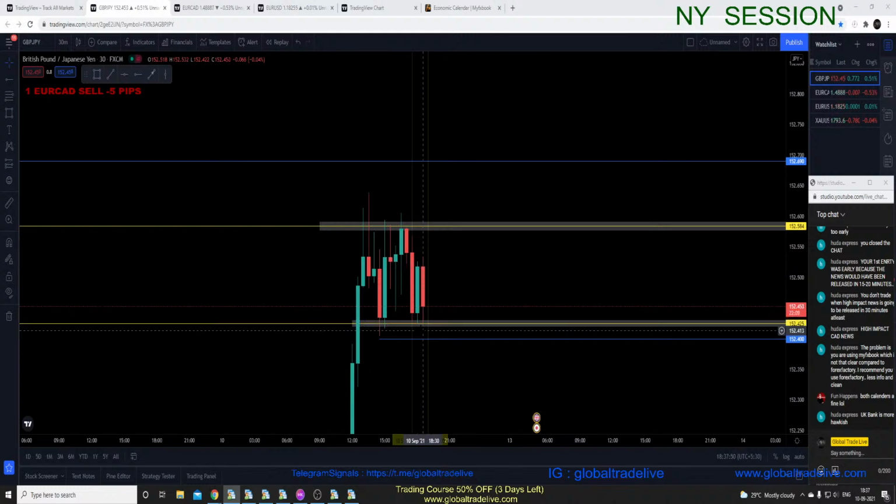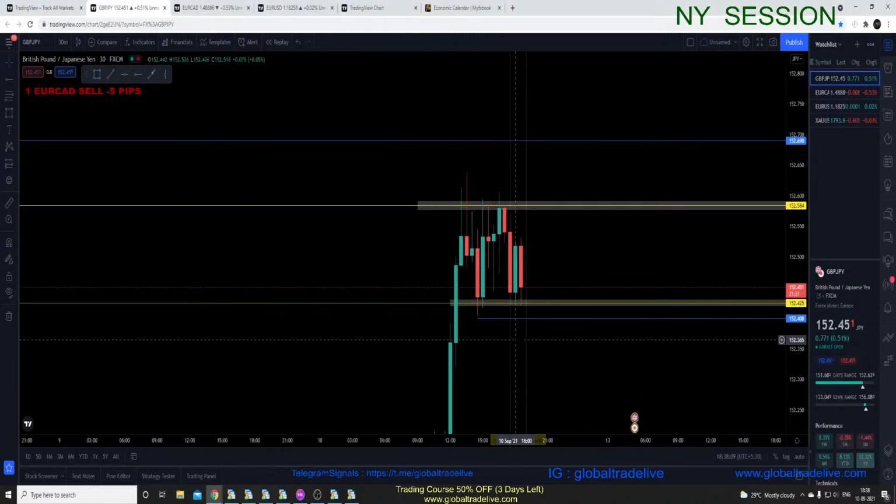So that makes this candle really unstable, right? Otherwise I would have just taken this trade if this candle respected the high of the previous candle, but it didn't. So I'm going to wait for the price to break this price over here, and once it starts to break this price, I'm going to take a sell trade.